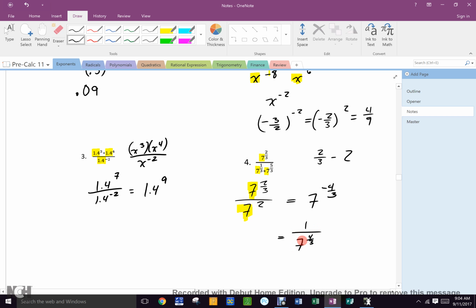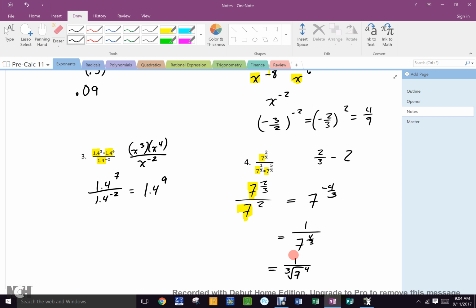Can I leave it like that? I can. Is there another way I could write it, Jazkira? Can I do something with that fractional exponent if my teacher asked me to? Yeah, I could also do 1 over cubed root of 7 to the 4th. They're the exact same thing. Do I ever care?